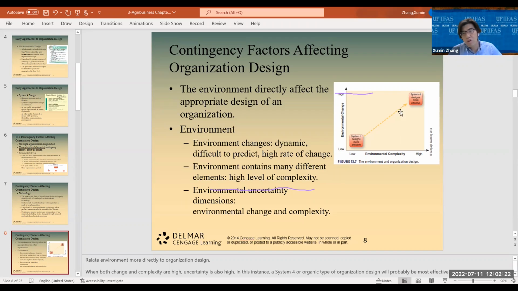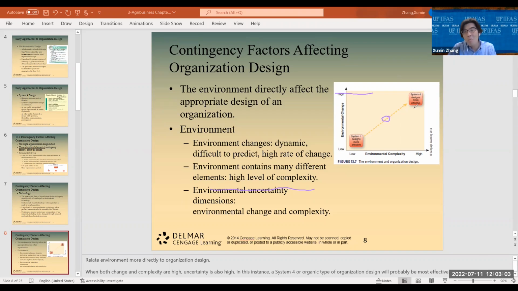Moving along to the northeast side, it becomes very uncertain: the environment becomes very complex, very dynamic, and very uncertain. Usually you will ask, agribusiness, are we facing a certain environment? Probably you say no. Very likely we started in the middle, but are moving away from certainty toward uncertainty.